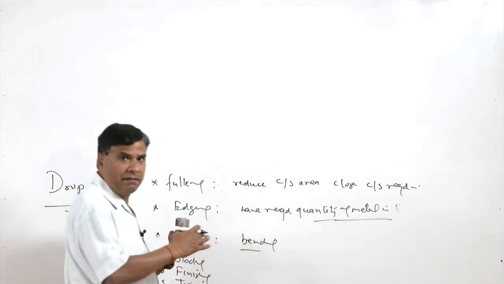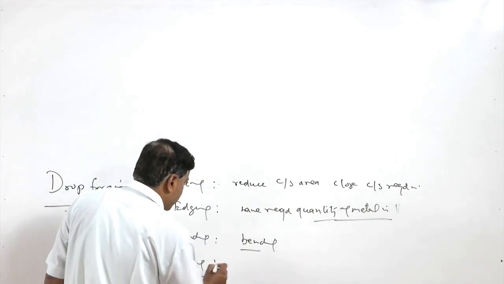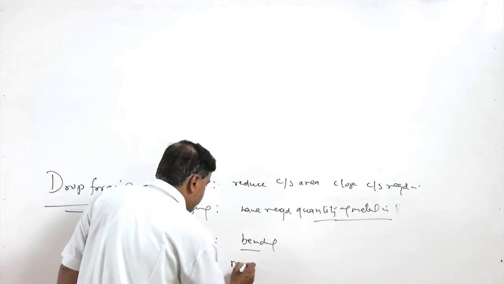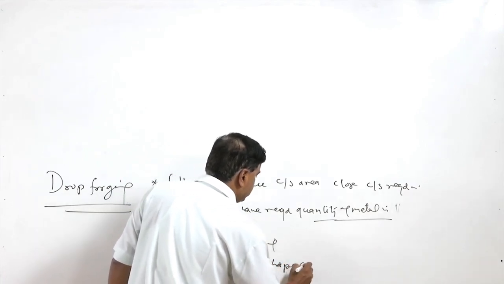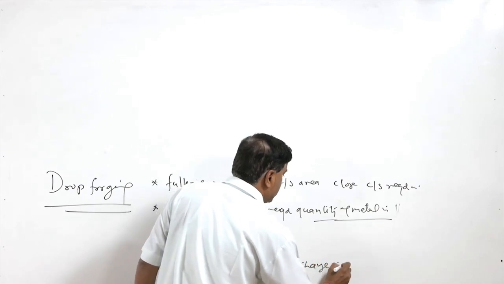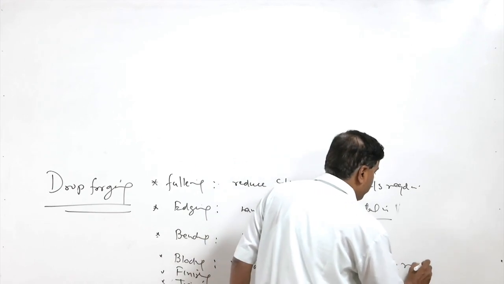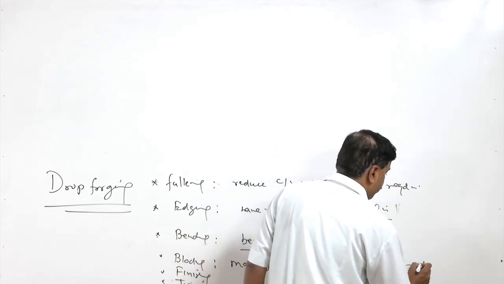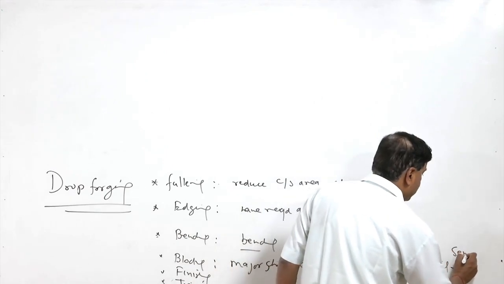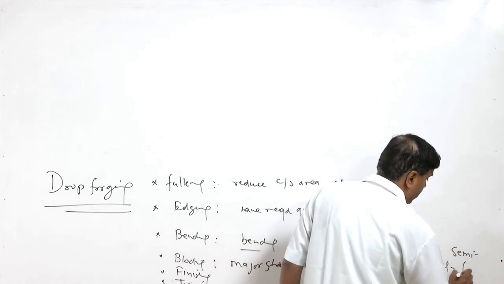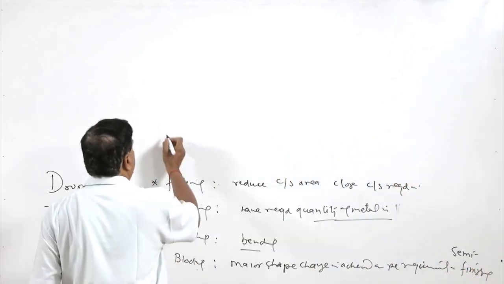With respect to the bending, we can reach close to the shape which is desired, and in the blocking the first major shape change is achieved as per the requirement. So, this is basically the semi finishing step.